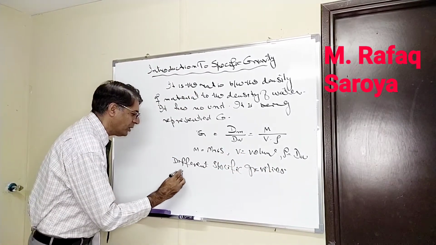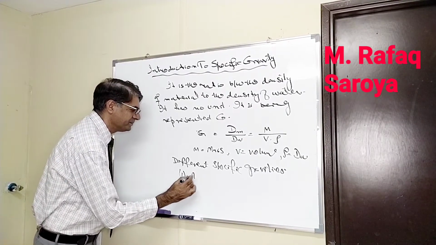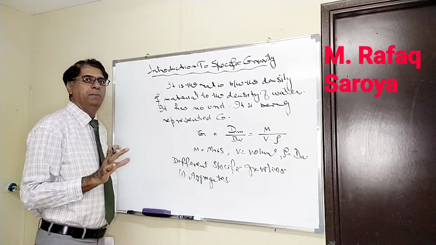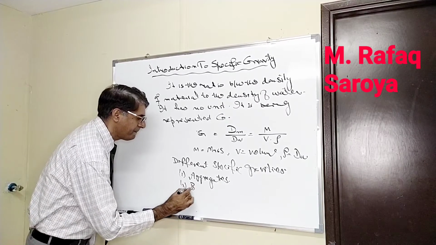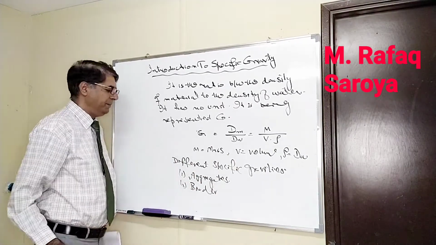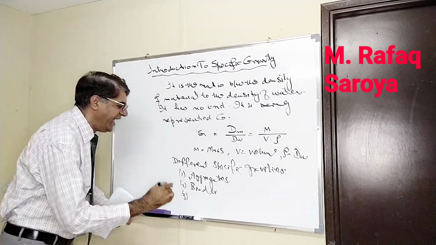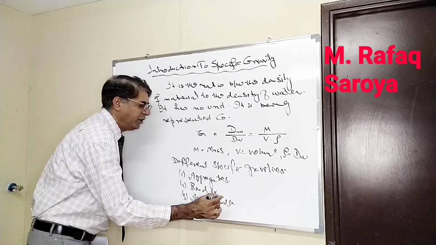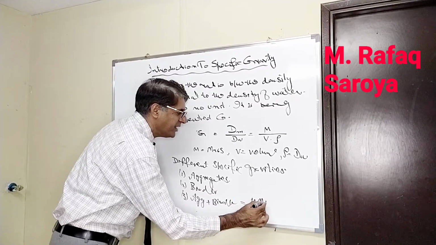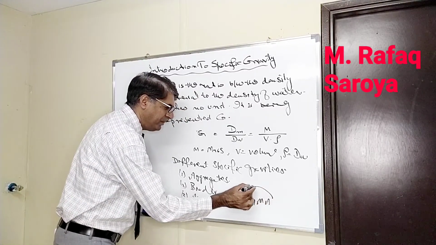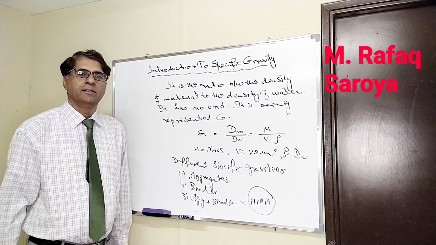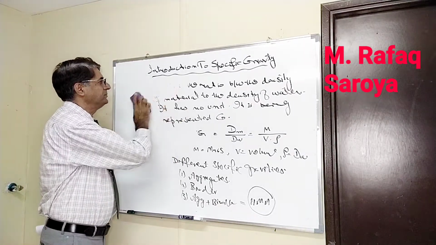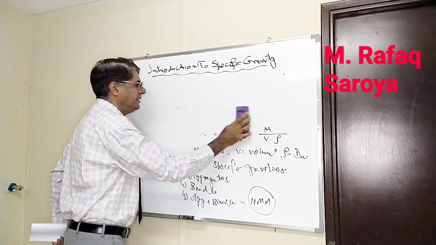We have the components like aggregate, its specific gravity, like binder, its specific gravity, and third one, when aggregate and binder are mixed with each other to make hot mix asphalt, this mixed asphalt also has a specific gravity, and that mixed asphalt specific gravity is determined.